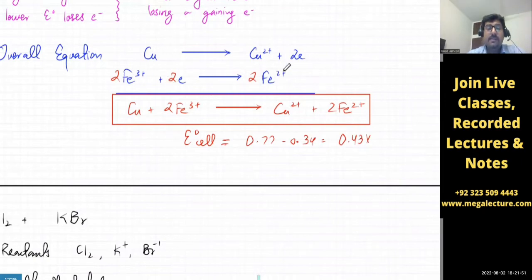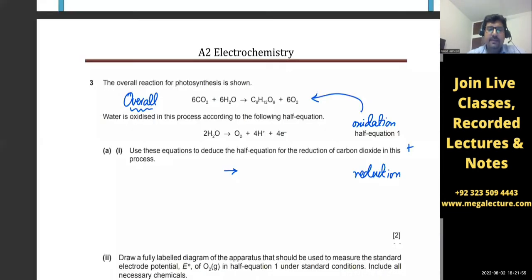The equations get multiplied by a certain number and then you add them. So if you look closely, you've got oxygen over here. In the overall equation, the oxygen probably came from this equation, and in the overall equation you've got 6 O2s. So there are probably going to be 6 O2s over here. This equation probably got multiplied by 6. So there's going to be 6. This will become 24 H plus, and this one will become 24 electrons. Okay? So I just multiplied by 6.